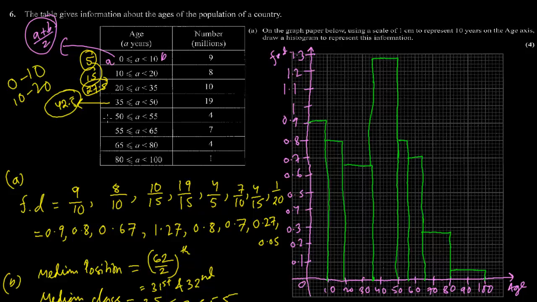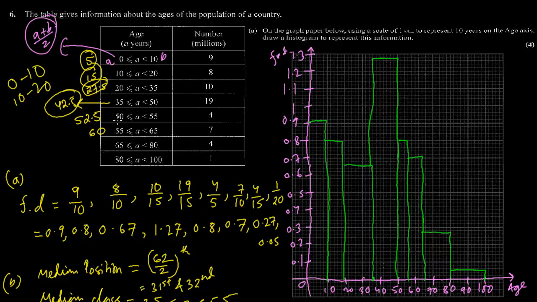This is the midpoint. And then we have 50 plus 55 is 105, divided by 2, that is going to be 52.5. So that is the midpoint. Then we have 55 plus 65, divided by 2, is going to be 60, the midpoint.